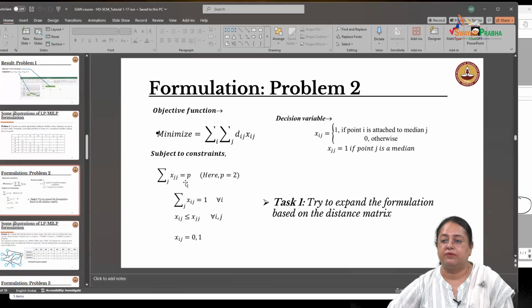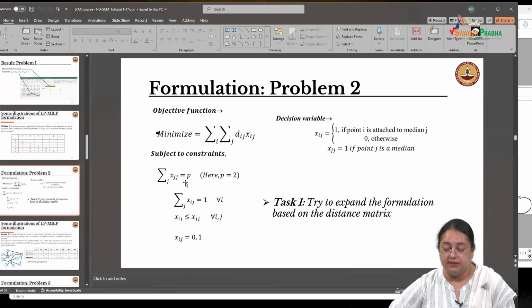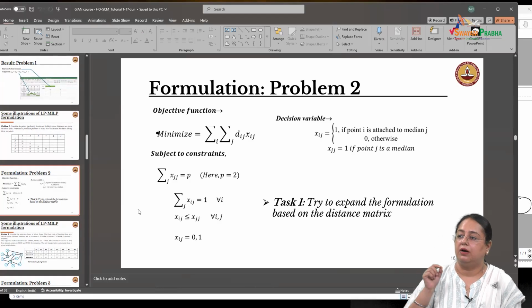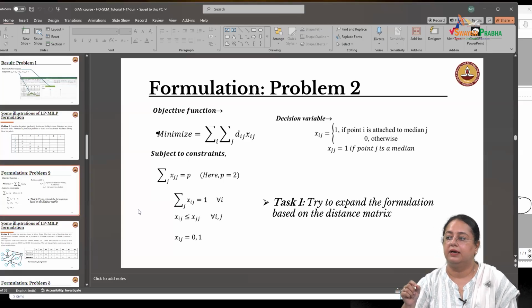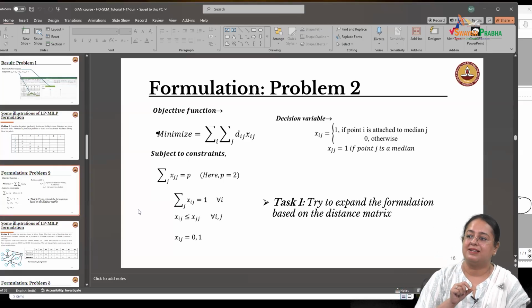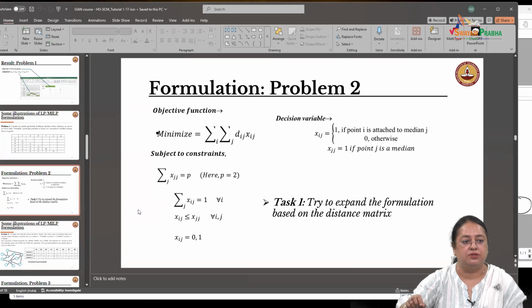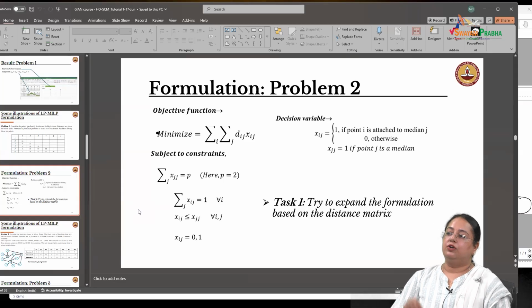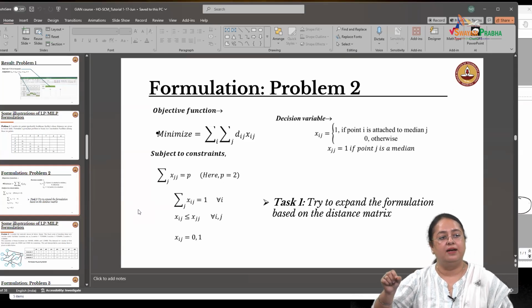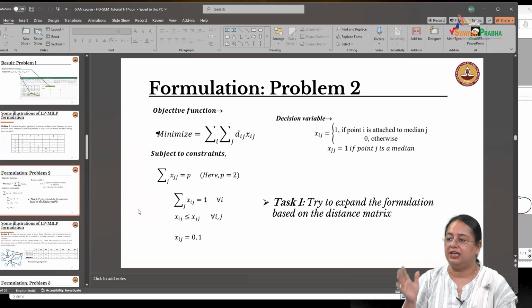Fine, we have defined Xij if node 1 is connected to the median point, or we can say if point 1 is assigned to the node 1. Or node 2 assigned to node 1, that means x21 is equal to 1.